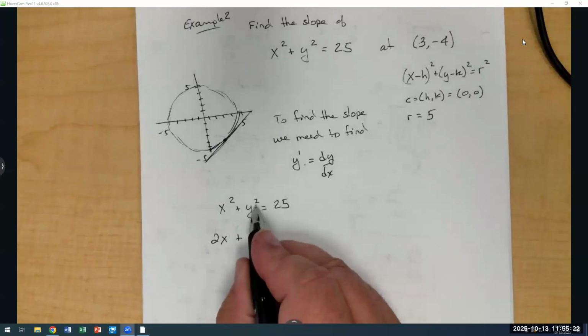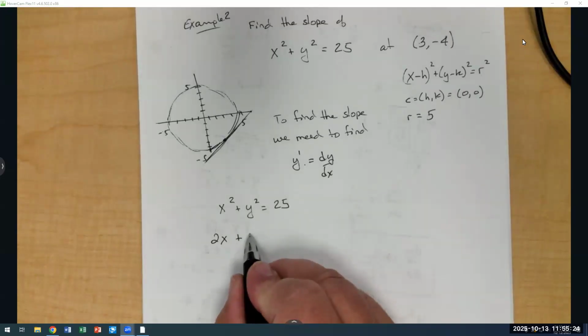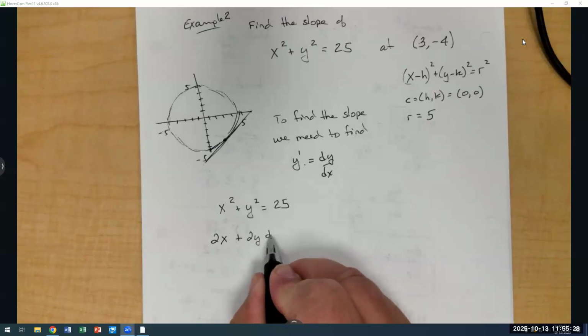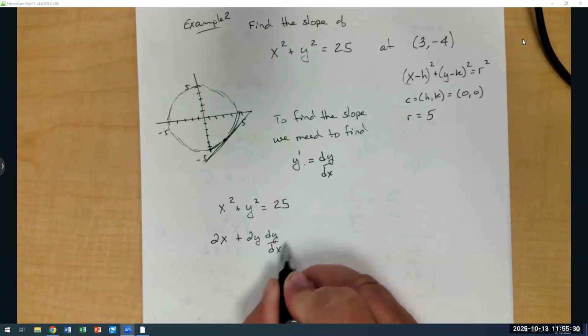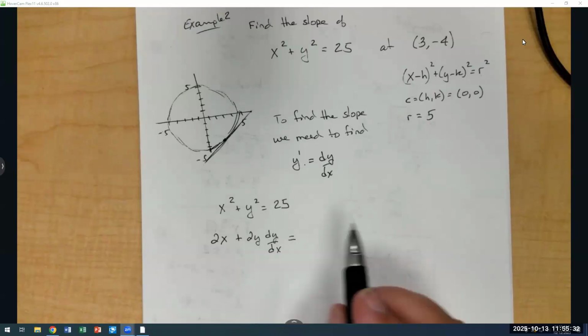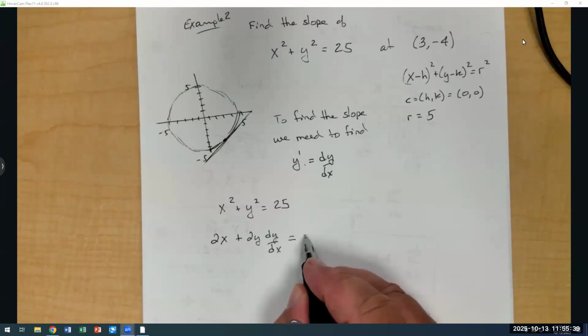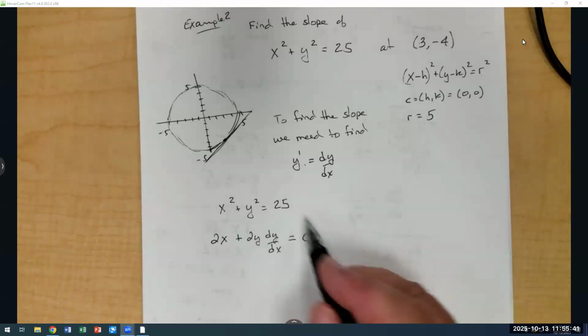Very good. Because it's a function of x, it's 2y times the derivative of y, which is dy/dx. And the derivative of 25 is? It's a constant, so it's 0.